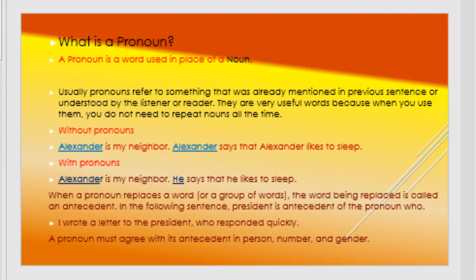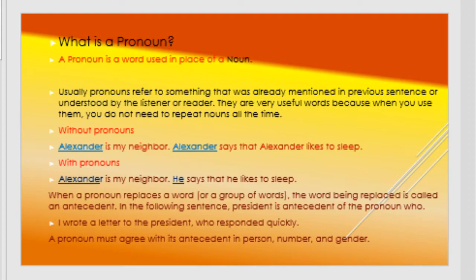But let's take a look: if we use the pronoun, what will happen to the sentence? Alexander is my neighbor. He says that he likes to sleep. So we use the pronoun he to replace Alexander. This is to avoid repeating nouns all the time, right?